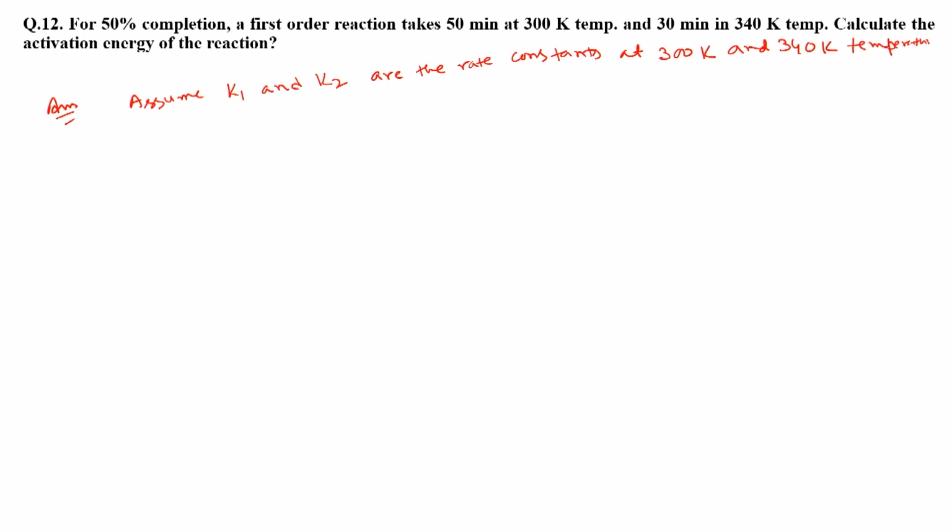At 300 K, first we assume K1 and K2 are the rate constants at 300 Kelvin and 340 Kelvin temperature respectively.